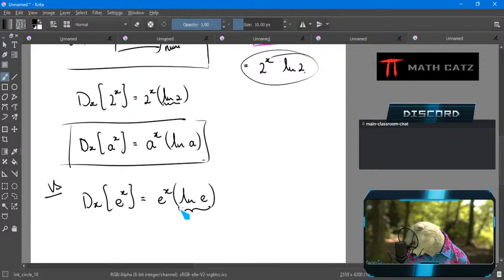Natural log of e, well, this represents the power of e that would get me the inside of the log, which is e. It's 1, which I truly hope everyone is super happy with, because we're going to see this many, many times. So I do get e to the x back, even in this general case.